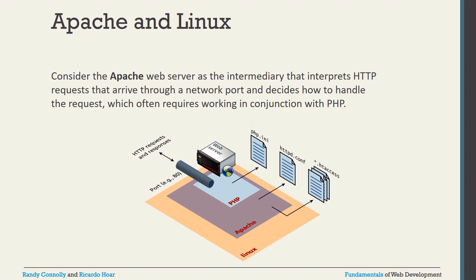That configuration file manages everything regarding Apache. In the same way, the php.ini file manages all of the PHP information. So in the Linux environment, the httpd configuration manages all of the Apache configuration, and php.ini manages the PHP information.